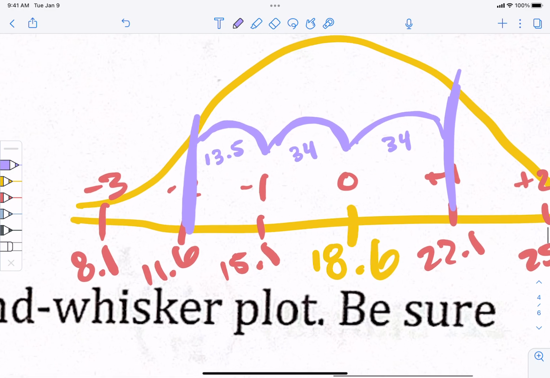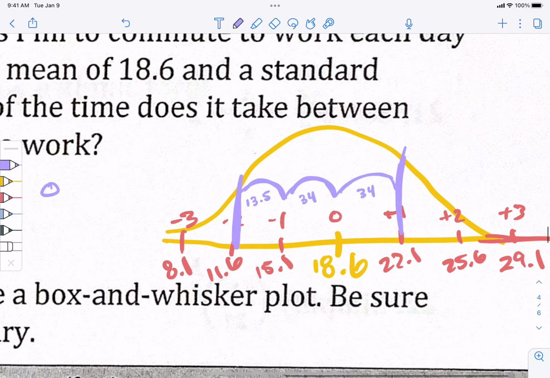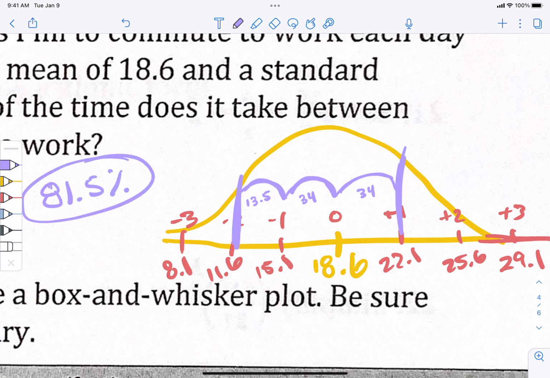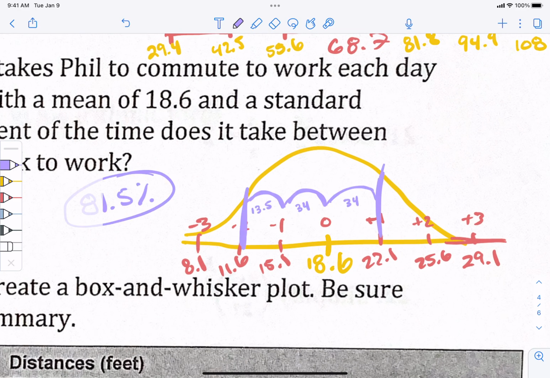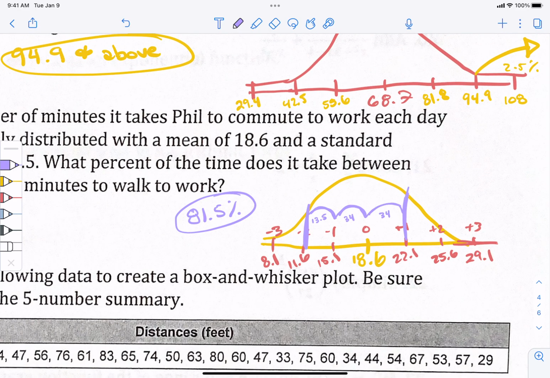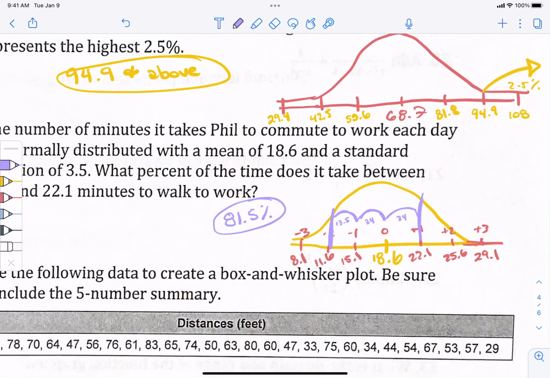So if I add all those up, 81.5%. Does that make sense? Off of your bell curve, you're just going off of those numbers. So approximately 81.5% of people would take between 11.6 and 22.1 minutes to commute to work each day. Make sense? If not, ask me.